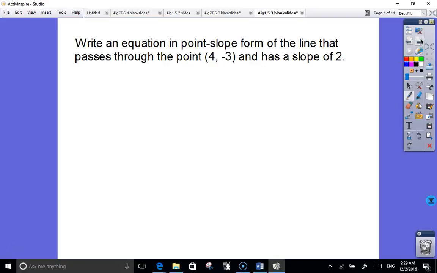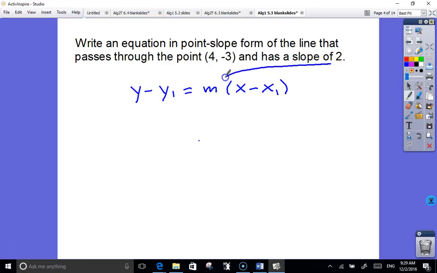Okay, so let's try. Write an equation in point-slope form if it passes through the point (4, -3) and has a slope of 2. So we should write down the formula: y minus y1 equals m times x minus x1. Okay, so what do we need to fill in?